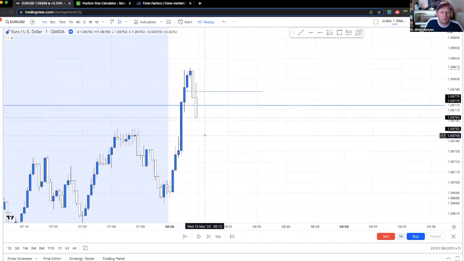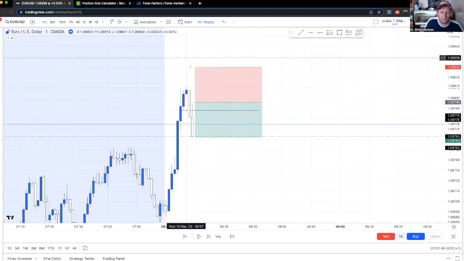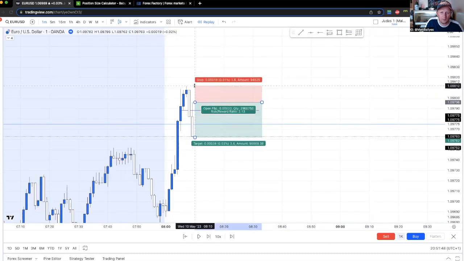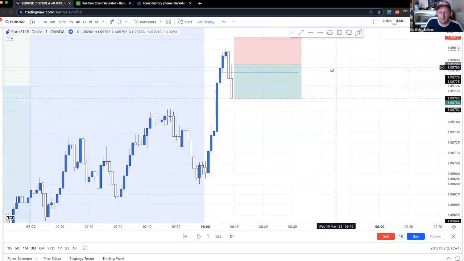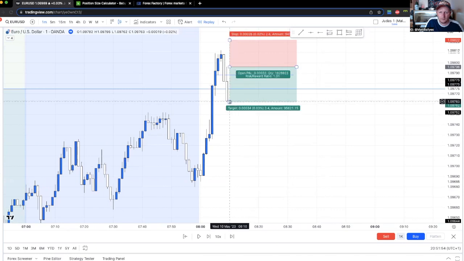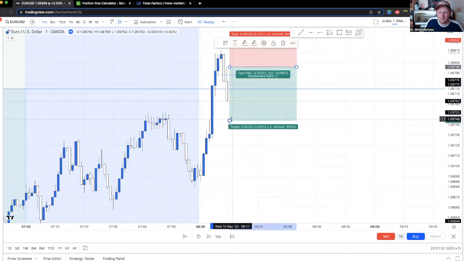Now we see price swept that one straight away, so we're going to get our 2, and there's our fair value gap right there. Mark this as 1.6. We're going to do a 2.6 pip stop loss, and we'll make it 2. It's a very tight one, this one.